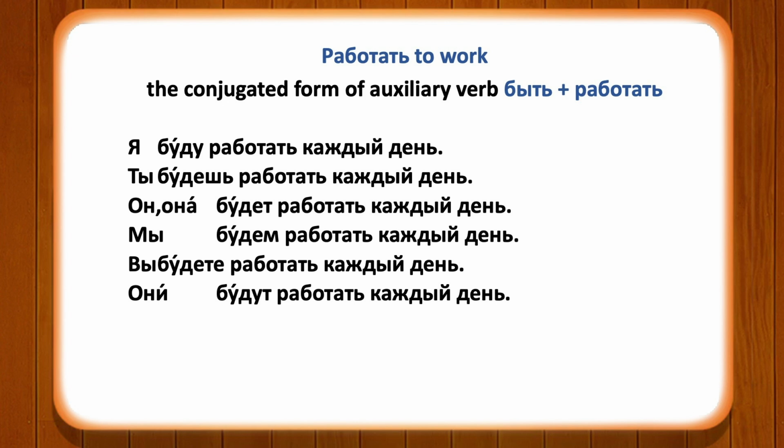So I will work would be я буду работать. Я буду работать means I will work or I will be working. Let us add the phrase каждый день to it. Каждый день means every day. So, я буду работать каждый день would mean I will be working every day.